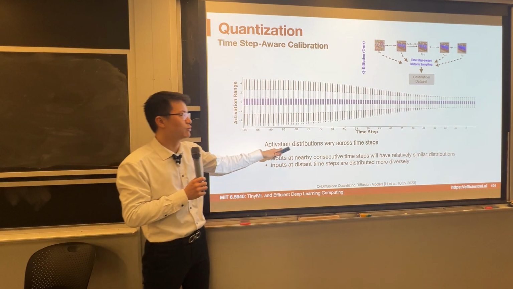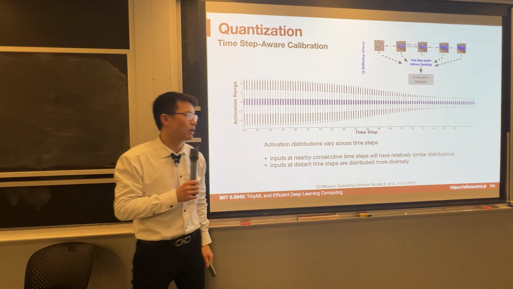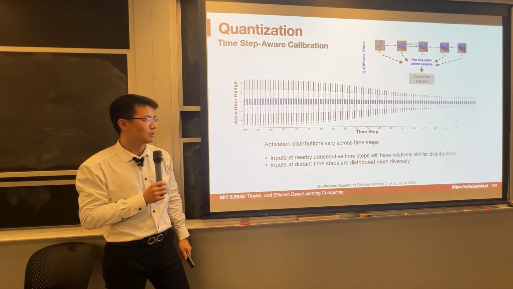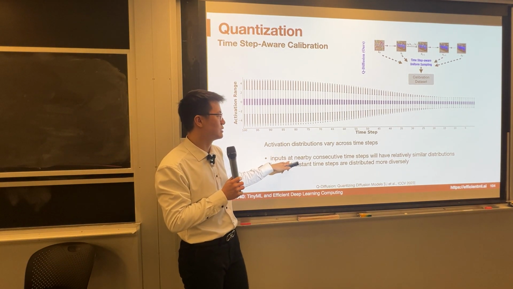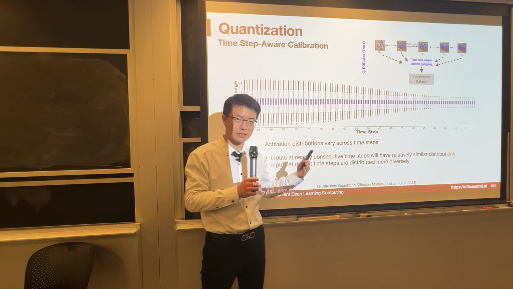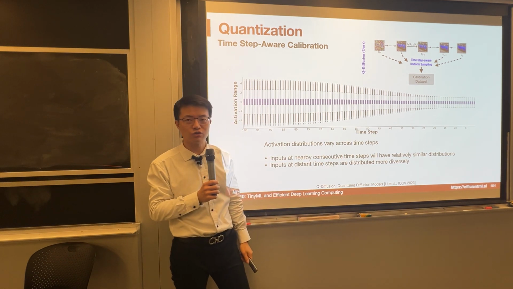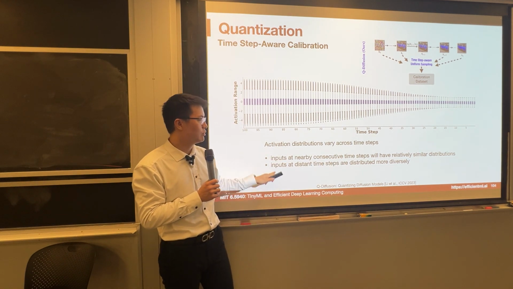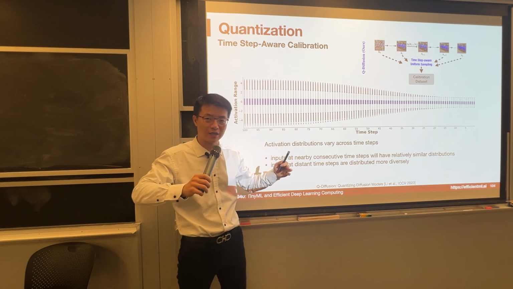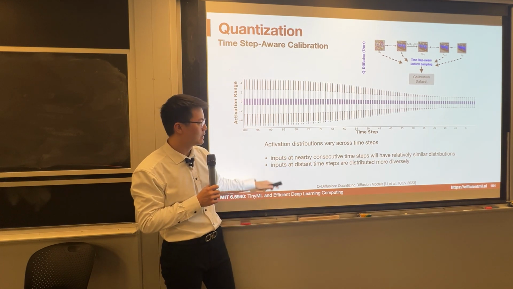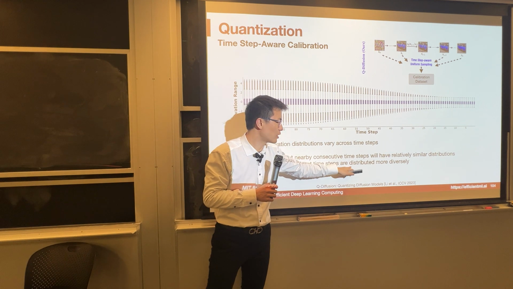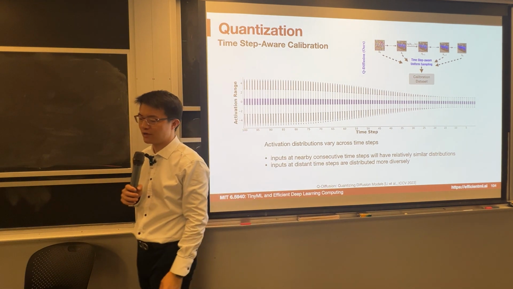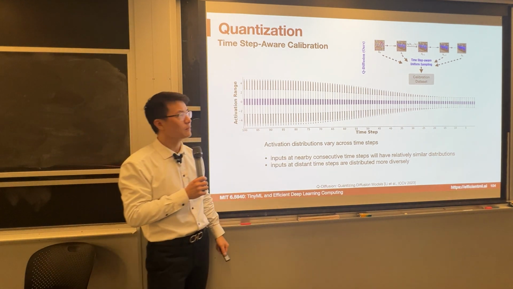So the activation distribution varies across different time steps. The inputs at nearby consecutive time steps have relatively similar distributions, but inputs at distant time steps, like step 1 and step 100, are distributed more diversely.